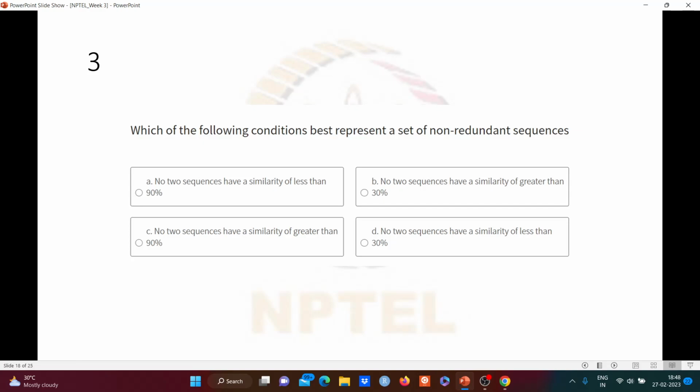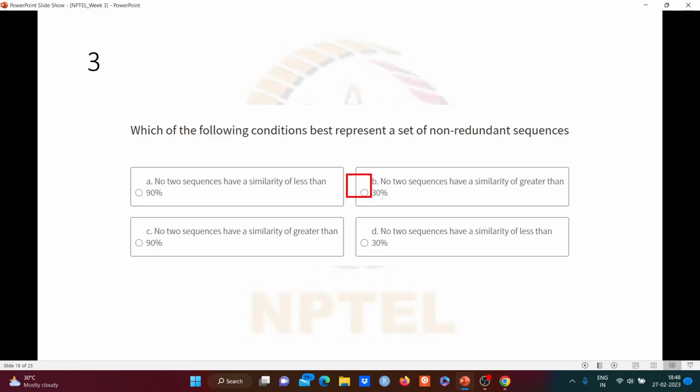So the final aim of a non-redundant sequence set is to have sequences that have very little similarity among them. Okay, I have seen two different answers. Okay, let me move forward to the solution.